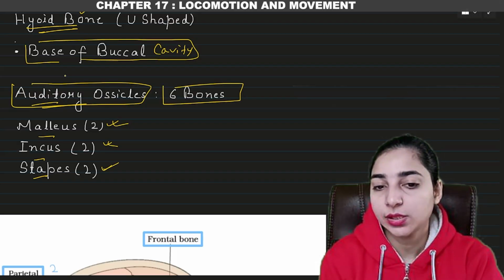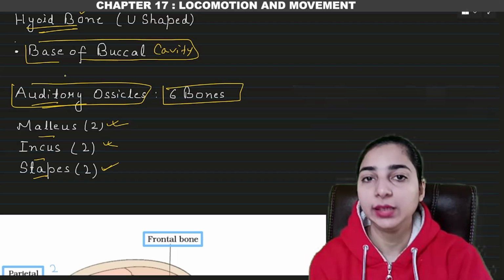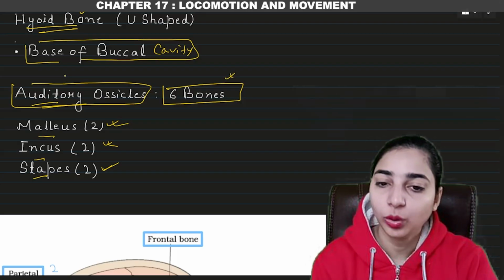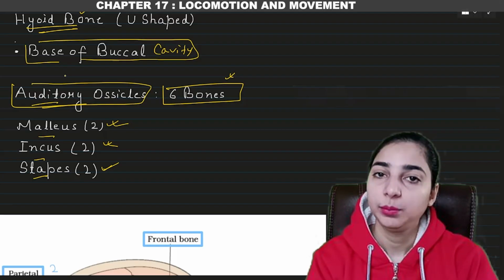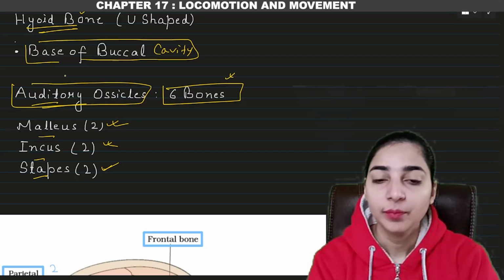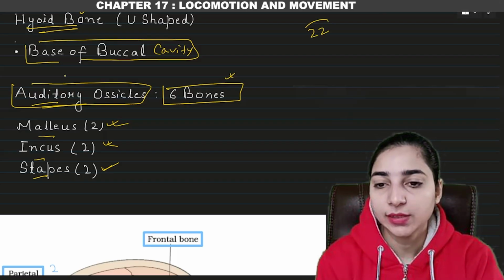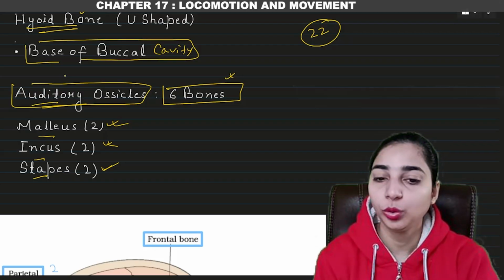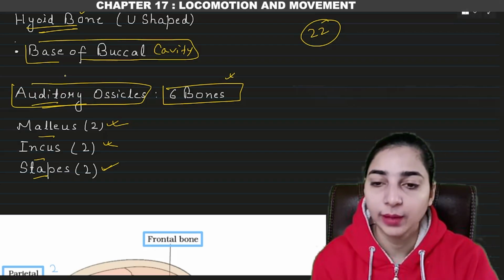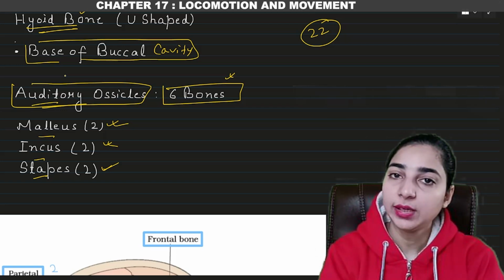So a total of 6 bones are present in both of our ears. These bones are not included in the skull bones. You can make them part of the skull or not, but the 22 bones that we have said are present in the skull do not include the hyoid bone and the 6 bones of the ears. So these bones are counted separately.